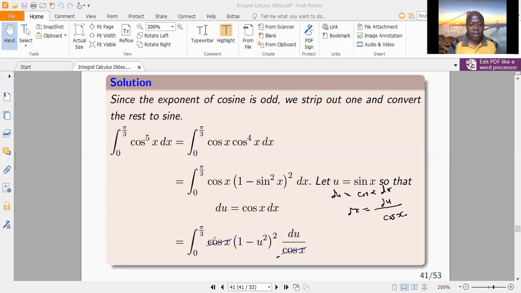Cos x cancels. So what I have, the integral from 0 to pi over 3. Now just square this. And we had squared it before, and we found 1 minus 2u squared plus u raised to 4 du. And then integrate.